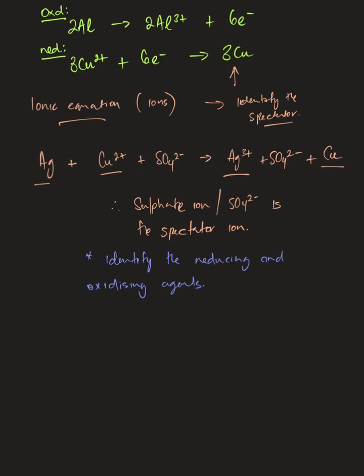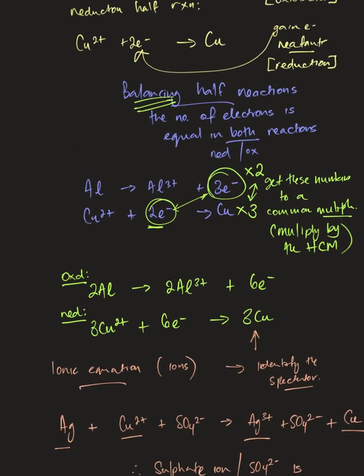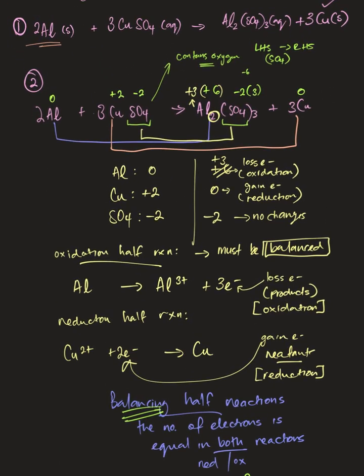So I know that in terms of oxidation, the copper lost electrons and went through oxidation. But remember that the copper was attached to something. So if I look back here at my actual equation, my copper was attached to a sulfate.